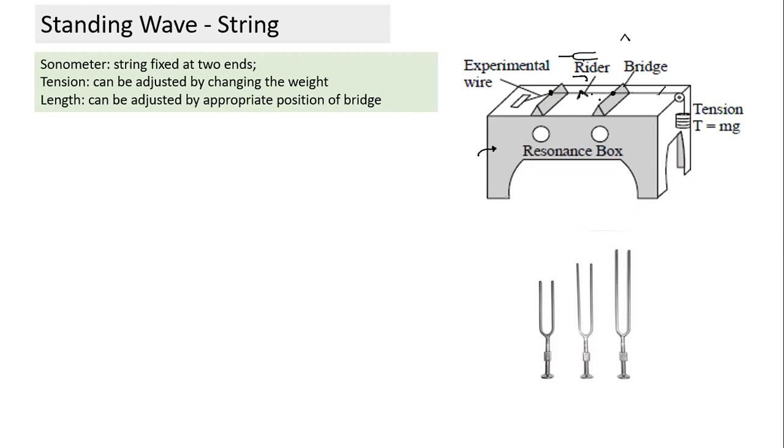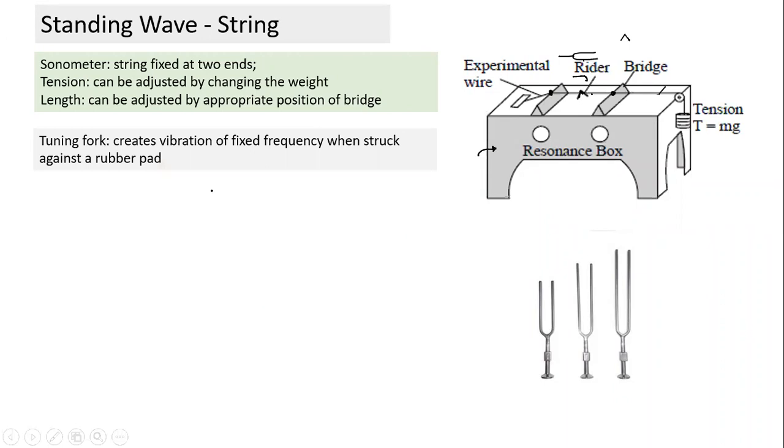So with this instrument and a tuning fork, we can find out whether or not it is in a state of resonance. What is the resonance condition? Two things are vibrating: one is the string, the other is the tuning fork. Resonance simply means the two things have the same frequency, and in case of resonance, the sound becomes louder and the amplitude becomes larger. The tuning fork creates vibration of a fixed frequency when struck against a rubber pad.